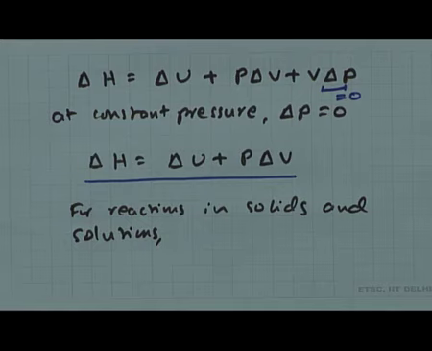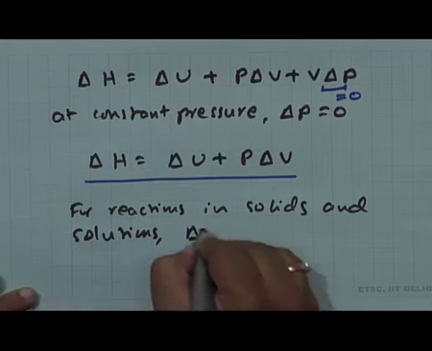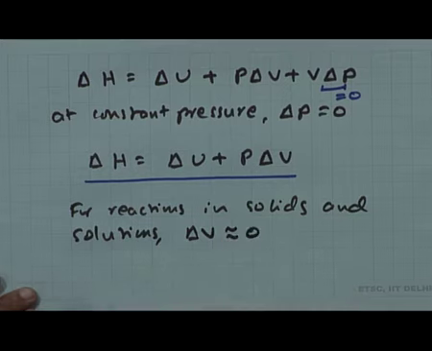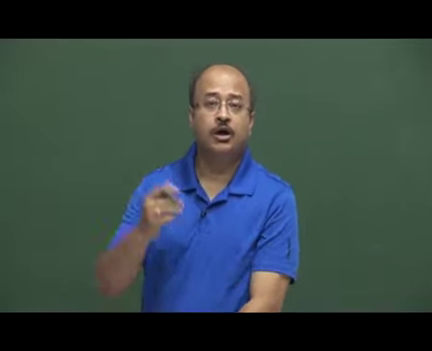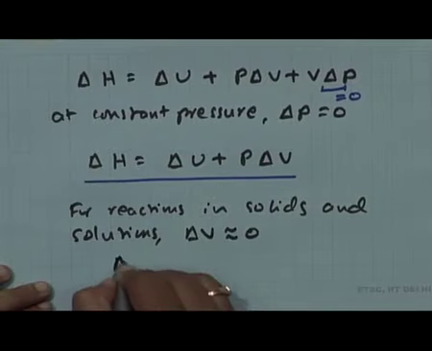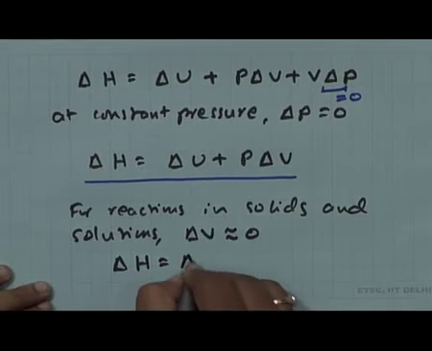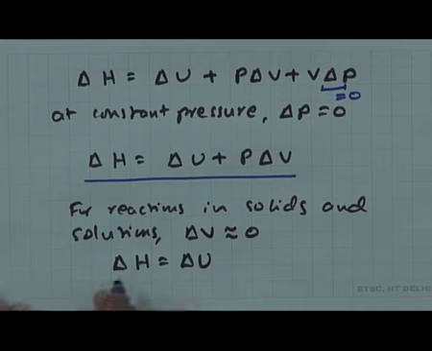We know this, right, that the volume change is very small. So, we can write delta V is almost equal to 0. Hence, for solids and solutions, or liquid state, we can write that delta H is equal to delta U.